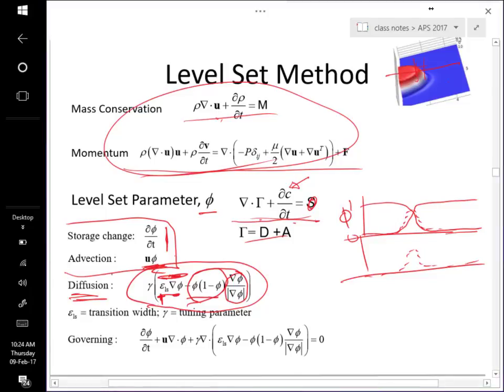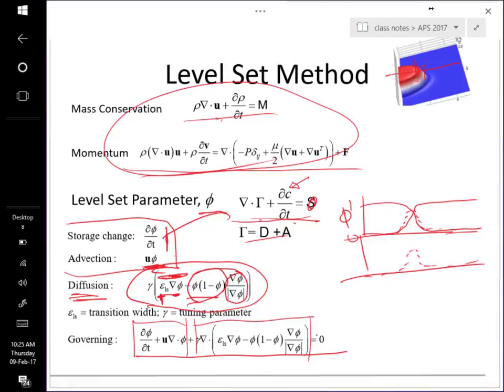So this is used to condition and reinitialize the solution, and then by substitution we put these into our governing equation and we get that. So here's just the first two. That's what we really want to have happen, and then this is to condition the solution. All right, so we solve this as we go, and this tells us where the interface is going to be.